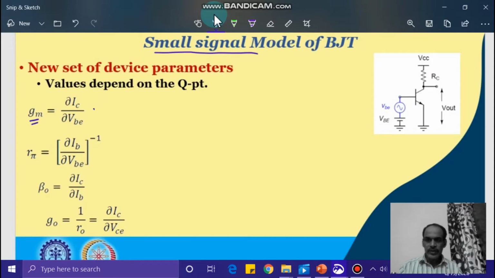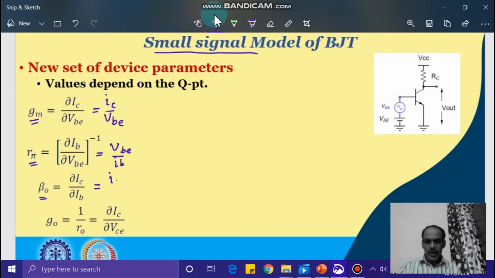As you can see here, we have the transconductance, defined by small signal collector current divided by small signal V_BE, and then the base to emitter impedance, which is defined by V_BE divided by I_B, the small signal base terminal current.